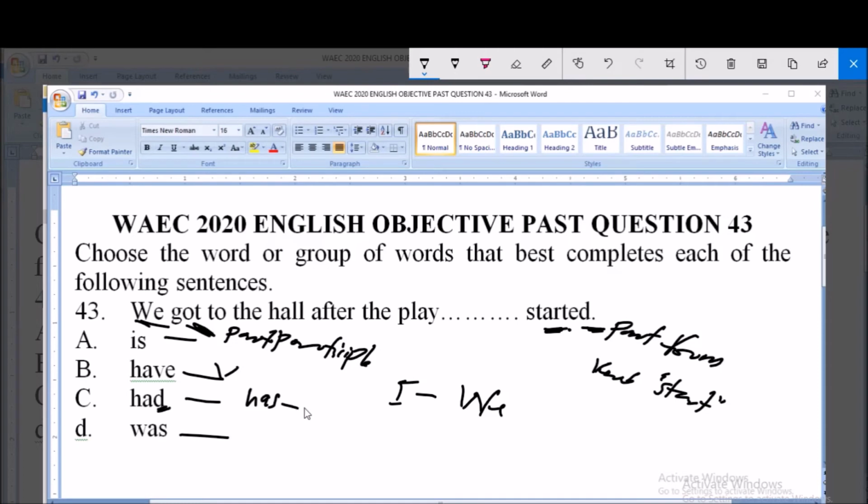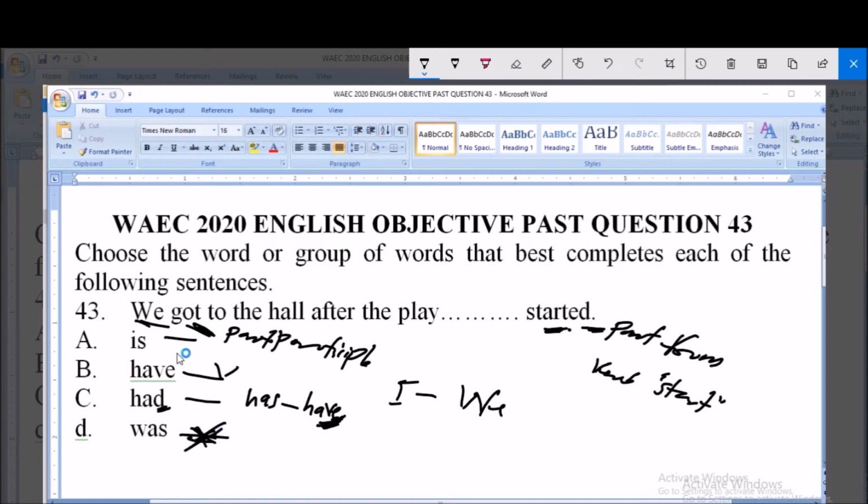It is also the plural form of have in its past tense. So had functions as the past form of the verb have. And that is why we can also say that we got to the hall after the play was started.